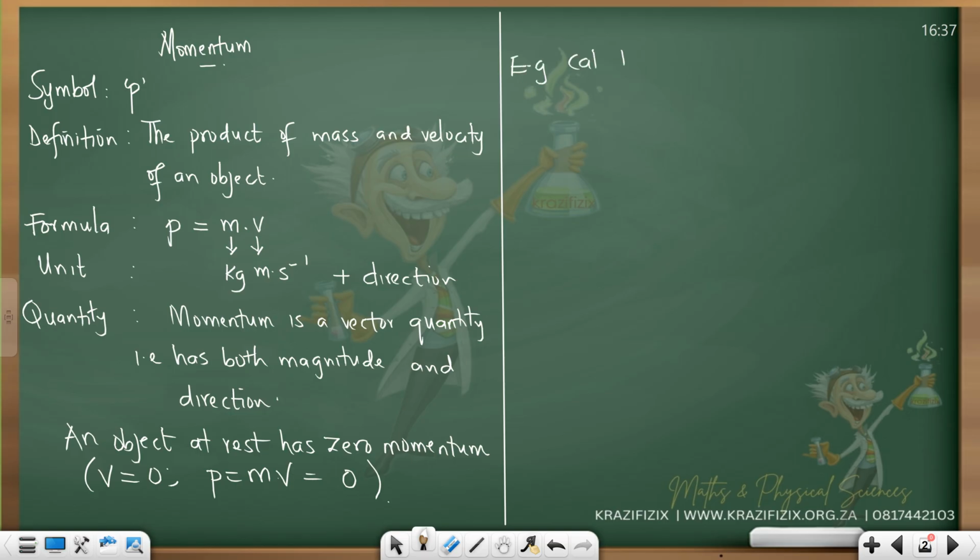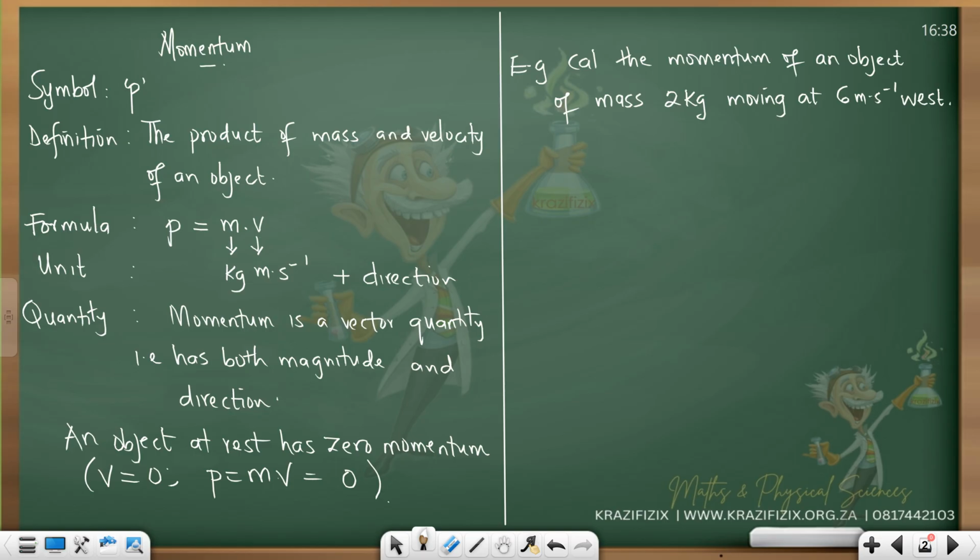Example: calculate the momentum of an object of mass 2 kg moving at 6 meters per second west.